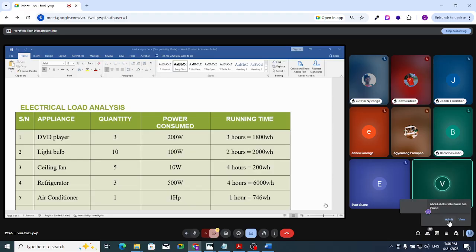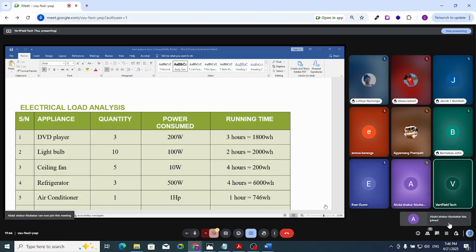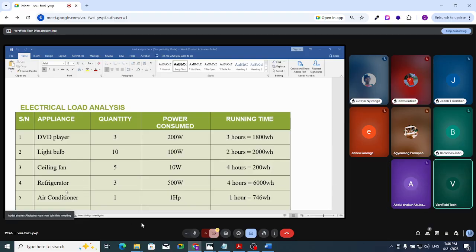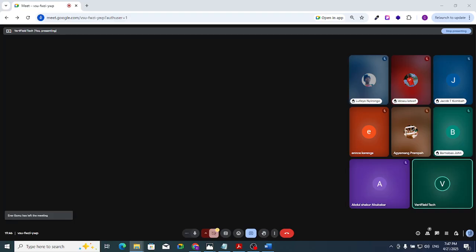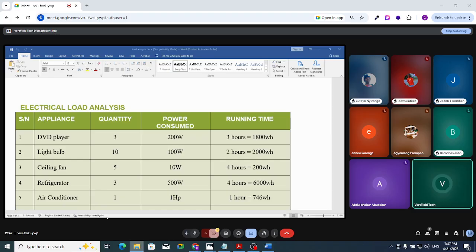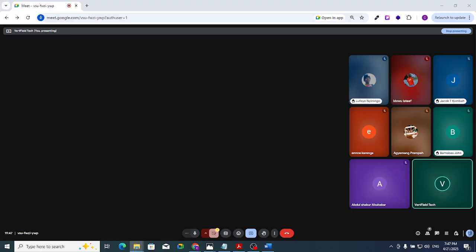Now that this is what we have, we then need to run a load analysis on them. For you to run a load analysis on any of your client's facility, you need to take into consideration 3 standard parameters.